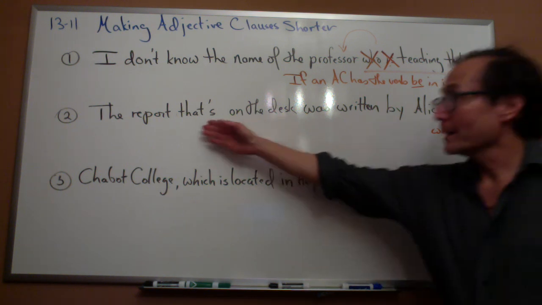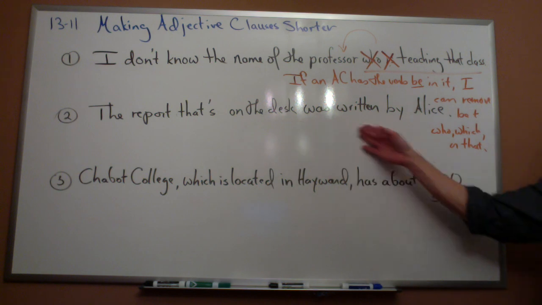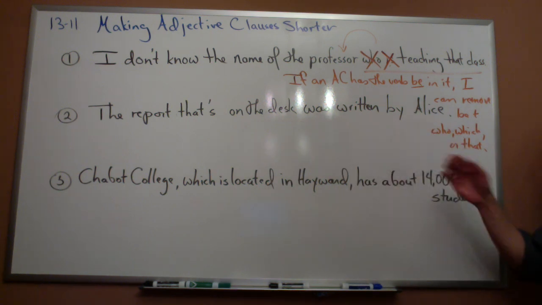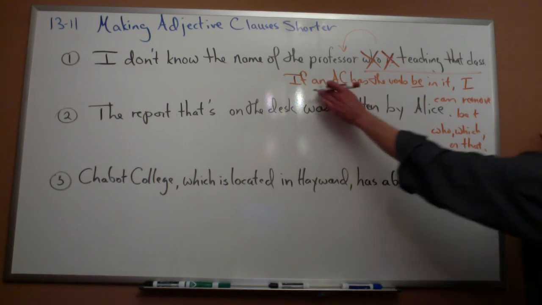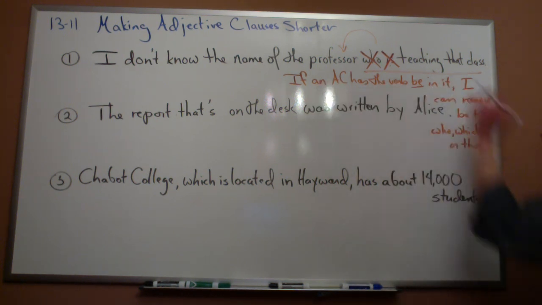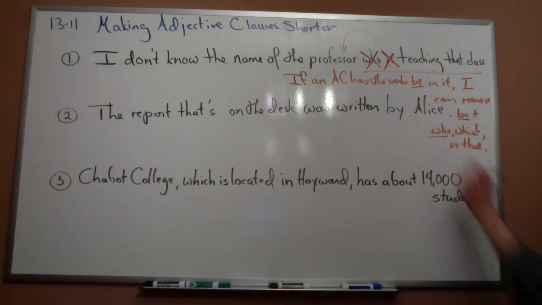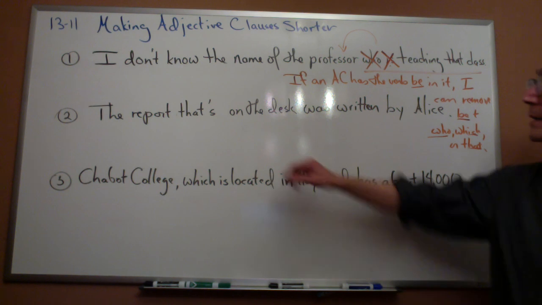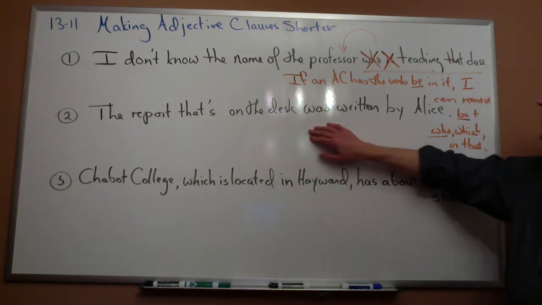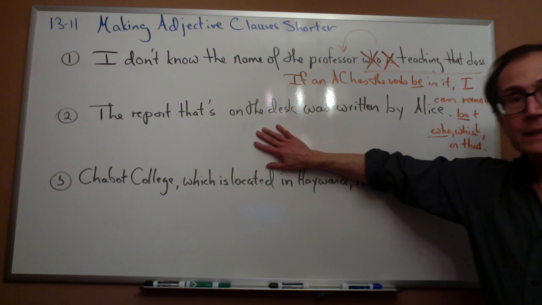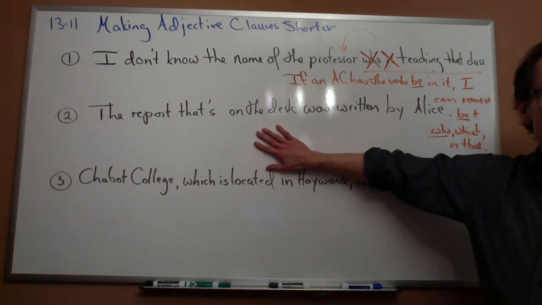Now, take a look at this second one. The report that's on the desk was written by Alice. Okay? Please remember, if an adjective clause has the verb be in it, I can remove be and who, which, or that, and make the clause shorter. Take a look at this sentence here. The report that's on the desk was written by Alice. Again, please ask yourself, what is the adjective clause?